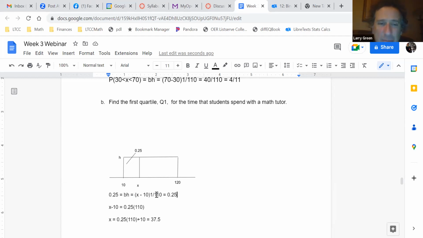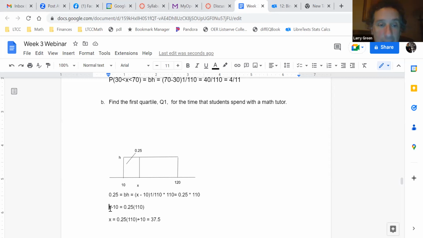And if we want x by itself, the first step is to multiply by 110 to get rid of this 1 over 110. So now I'm going to multiply by 110, and that will cancel the 1 over 110 out. So I get x minus 10 is 0.25 times 110.